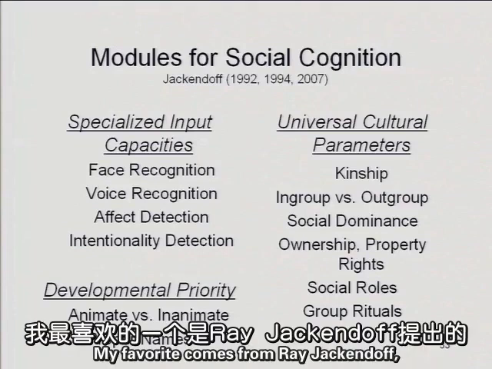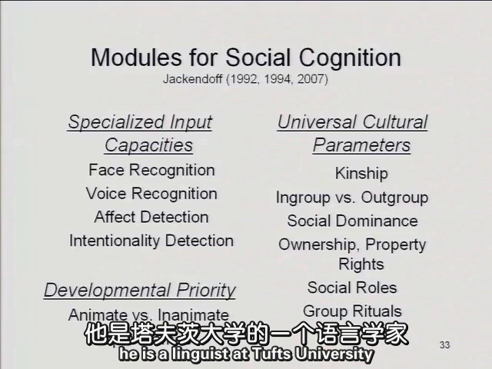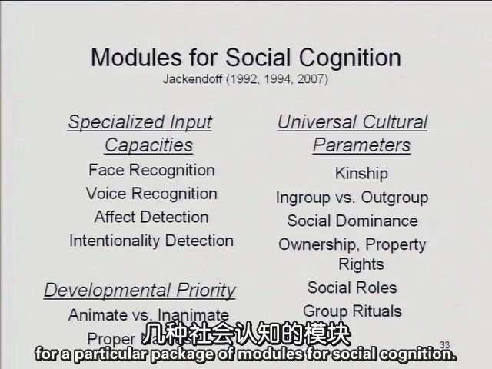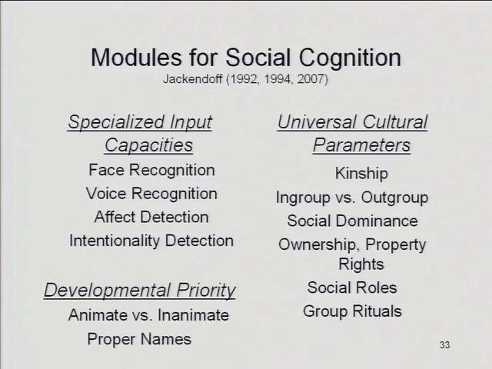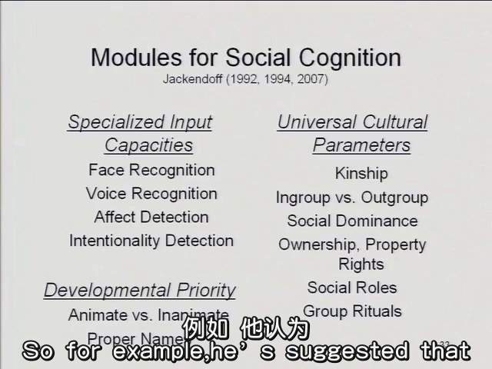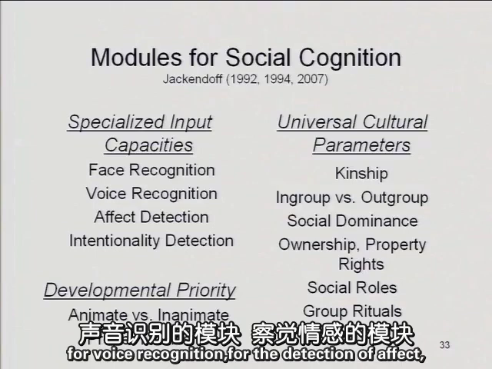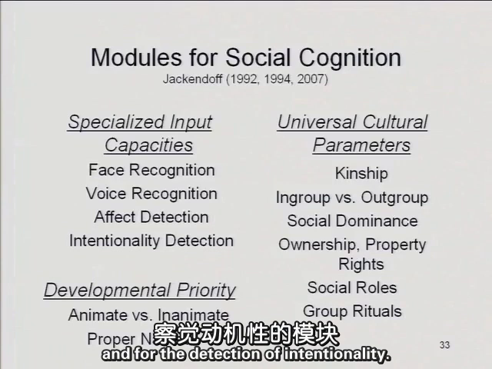My favorite comes from Ray Jackendoff, who's a linguist at Tufts University, who's argued for a variety of reasons for a particular package of modules for social cognition. So, for example, he's suggested that we have dedicated brain modules for face recognition, for voice recognition, for the detection of affect, and for the detection of intentionality.